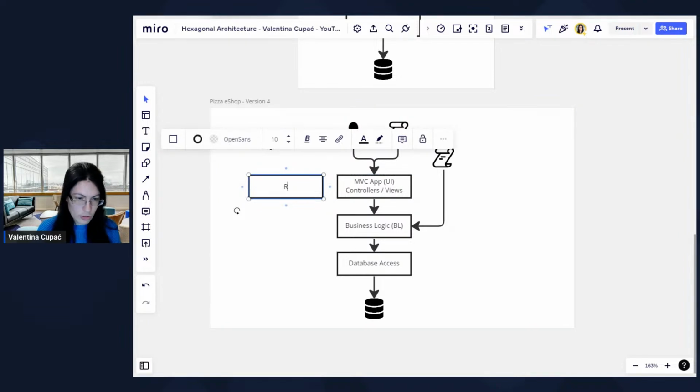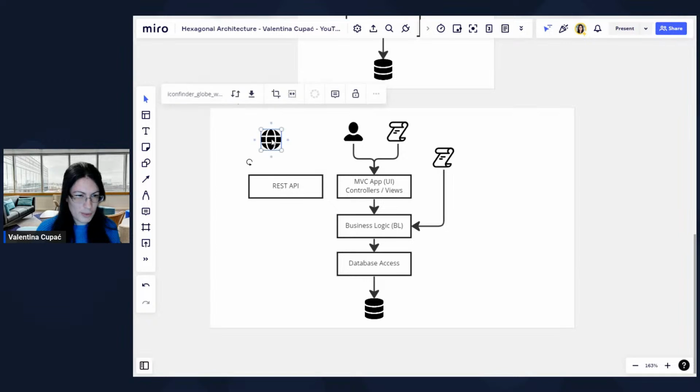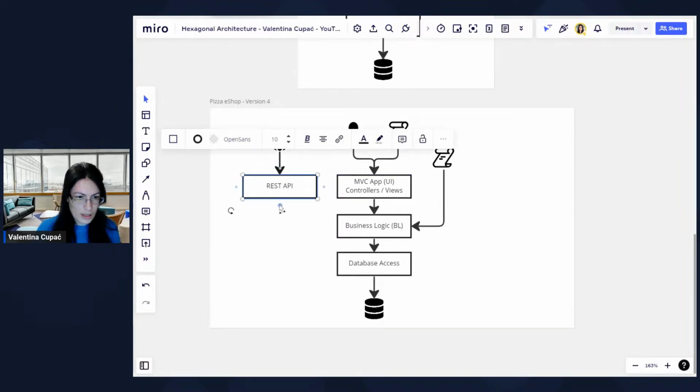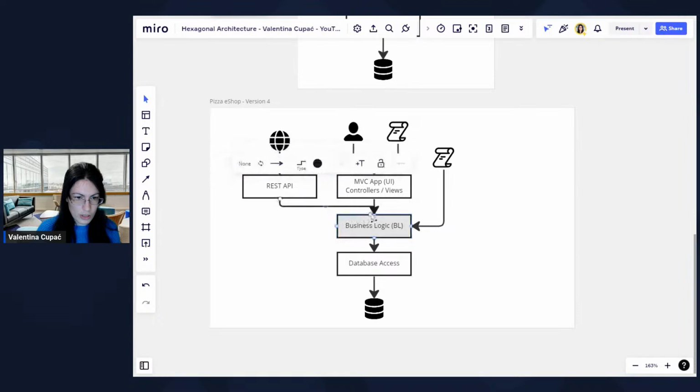For now, I'm just going to say that we agree that it's going to be a REST API. So there's a REST API here, and that REST API is calling our business logic.